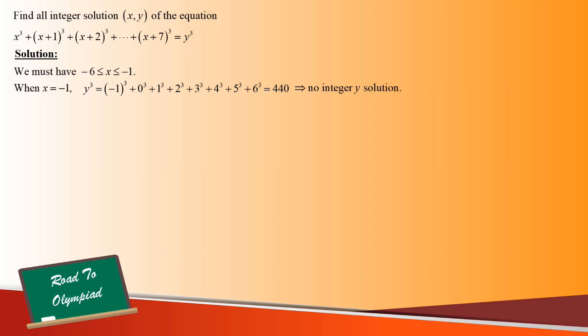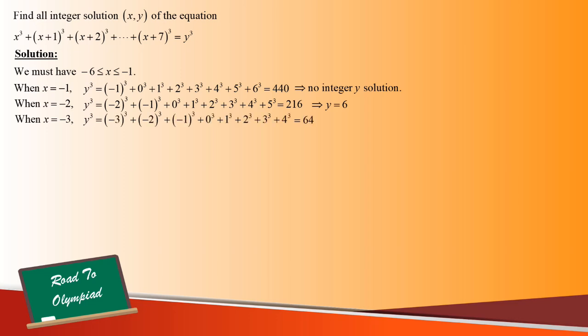When x is equal to negative 2, we have y cubed as the sum from negative 2 until 5 cubed, which is equal to 216. This is equal to 6 cubed, and thus y is equal to 6 in this case. When x is equal to negative 3, we have y cubed equal to the sum from negative 3 until 4 cubed. Here, all the terms cancel out except for 4 cubed. So we have y equal to 4.